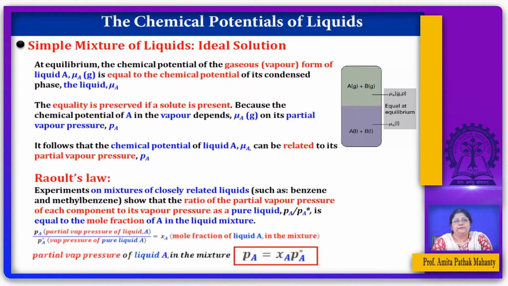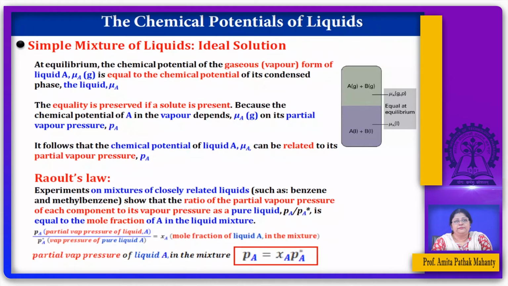When he did various experiments with these mixtures, he found that the ratio of the partial vapor pressure of a component to its vapor pressure in the pure state is equal to the mole fraction of that component in the solution. That was an observation. So observation became a law.